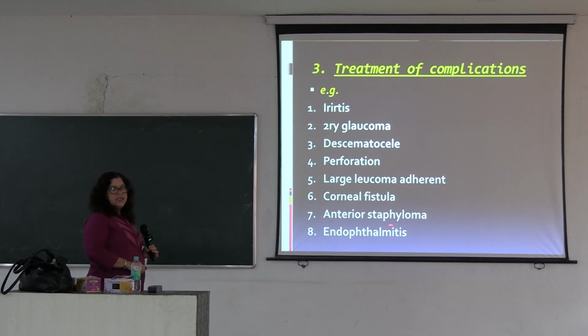If a fistula is present, then fistulectomy is done, and keratoplasty is done to cover the fistula and perforation. Anterior staphyloma is also treated, and then endophthalmitis. If the infection goes inside the eyeball and affects the inner layers of the eyeball, that is called endophthalmitis, and it should be treated. So these are all complications, and they must be treated.